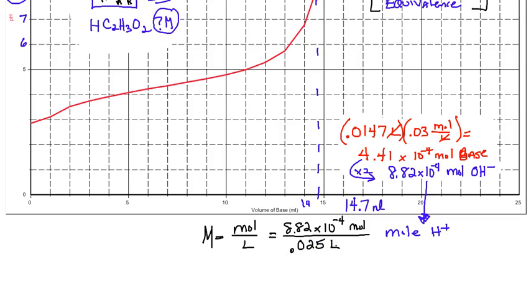Okay, so let's put this in our calculator. Divide our moles by the volume in liters of the acid. And what we get is I get the molarity to be 0.035.